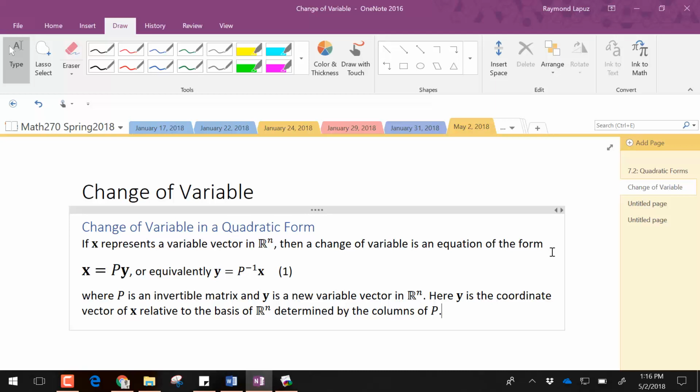That's where P is coming from. So we want to transform this and get a set of new variables Y, so that P inverse times X is going to be that new Y, and P is an invertible matrix.